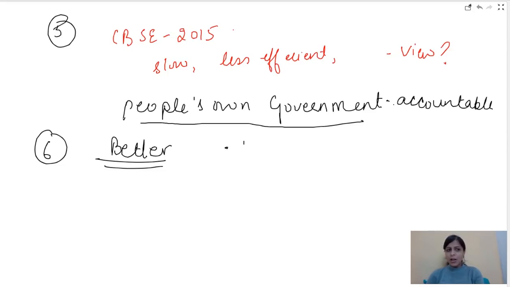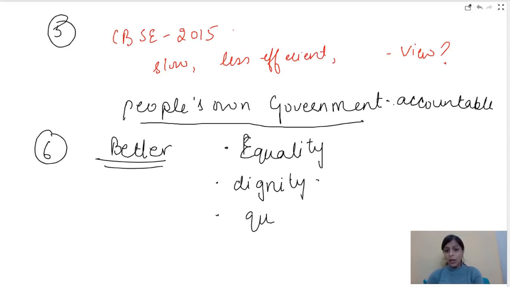So yes, because it promotes equality among the citizens. Second, it enhances dignity. Third, it improves the quality of decision making. Of course, it provides room to correct mistakes.